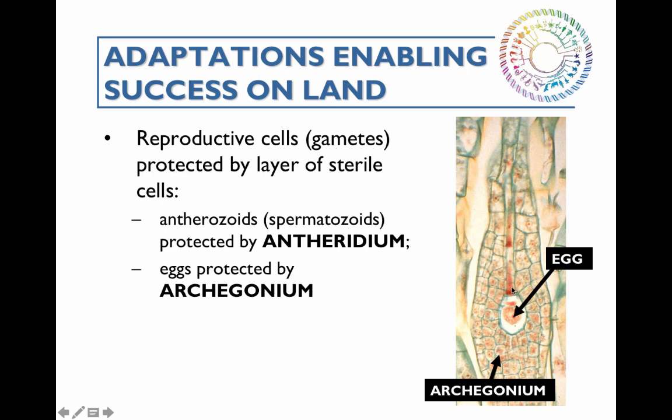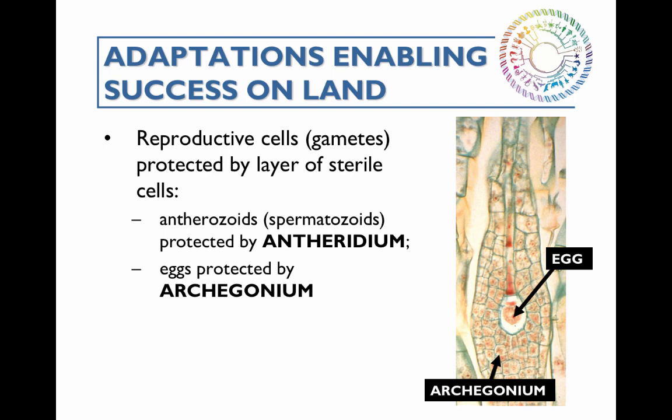If you look at the top of the archegonium here, there's a long channel or a canal, and this is the canal that the sperm will swim down in order to reach the egg to fertilize it. So the archegonium protects the egg from drying out.